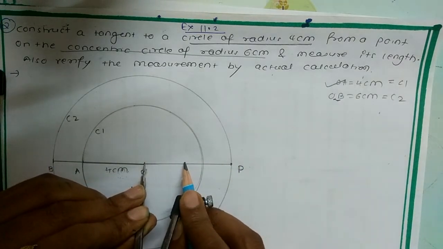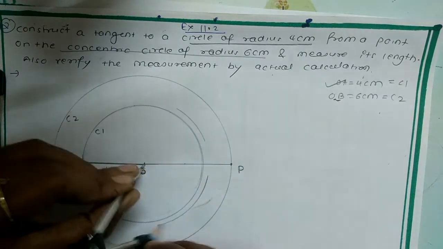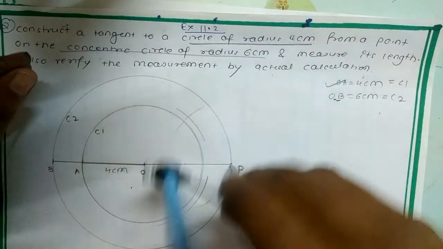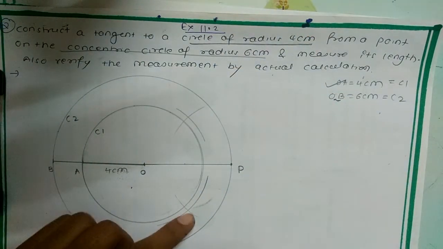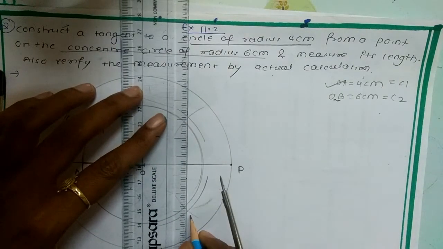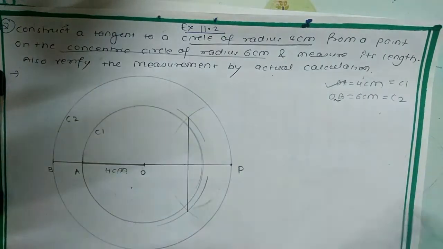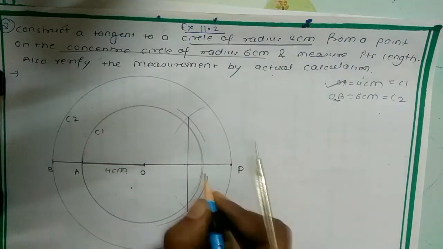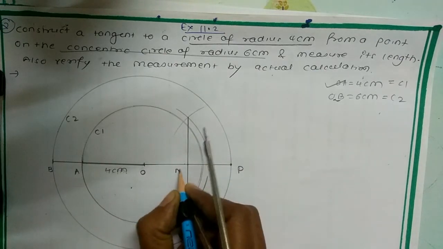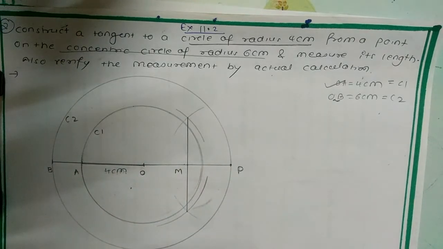So take more than half, draw an arc. Here also, keep the compass at P and draw an arc with the same radius like this. Then join these two points. And name the point of intersection of the perpendicular bisector and OP as M, or you can give any name other than A, B, O and P.